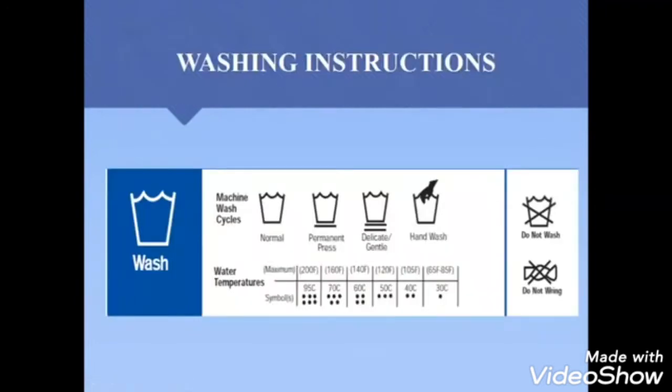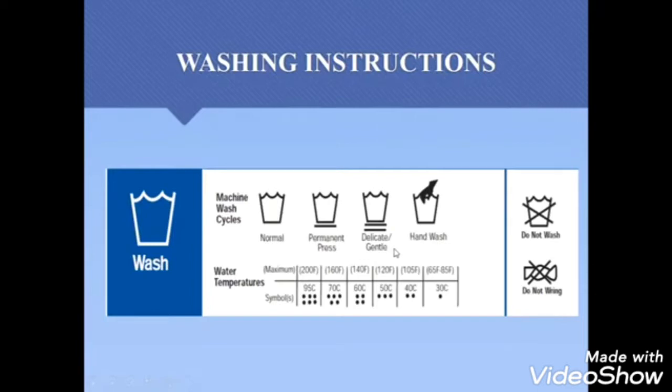Washing is a method of removing soil and stain from the garment using water and detergent or soap and agitation. Washing instructions include washing methods, temperature, and modifications to normal process. Washing instructions are represented by a tub. Washing methods also provide information whether a garment is to be hand washed or machine washed.